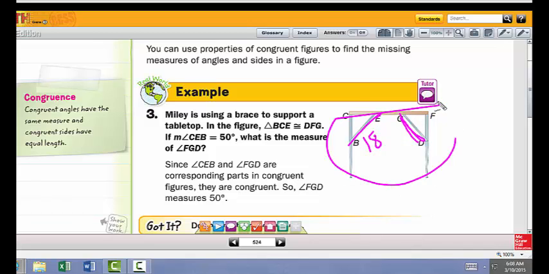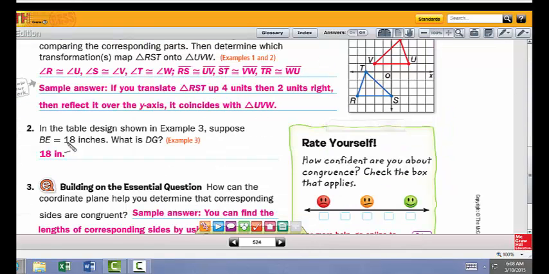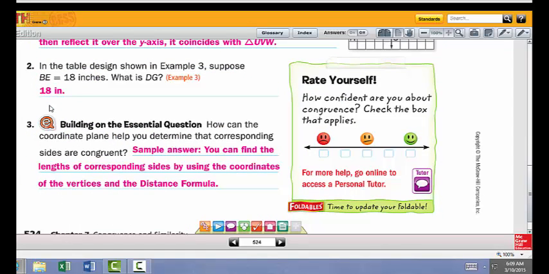So now that we've looked at it, we can see that whatever they gave us for the one, we're going to have for the other, because remember, BE, which is first and last, and they're asking us DG, which is also first and last. So we know that the 2 are congruent. We can go back down to where we were and recognize that because BE is 18 inches, DG is also 18 inches. And lastly, question number 3.